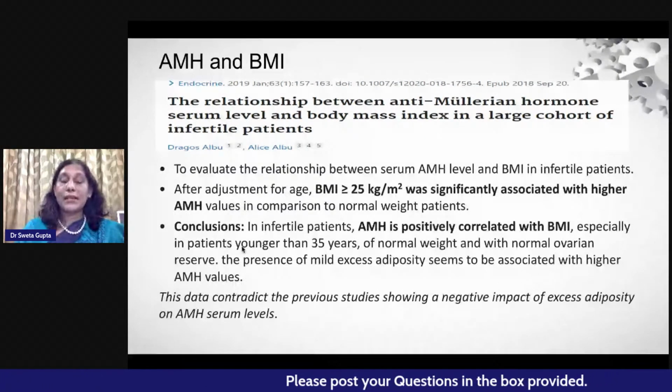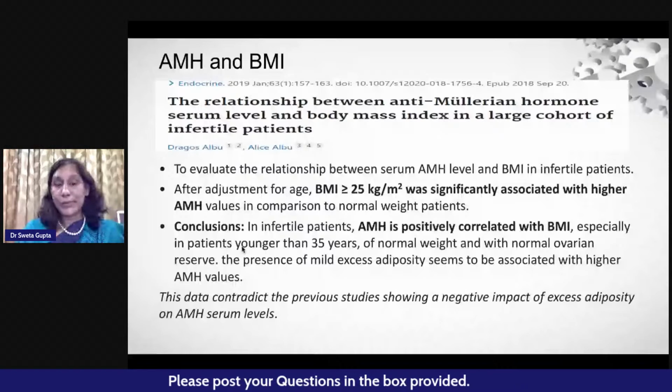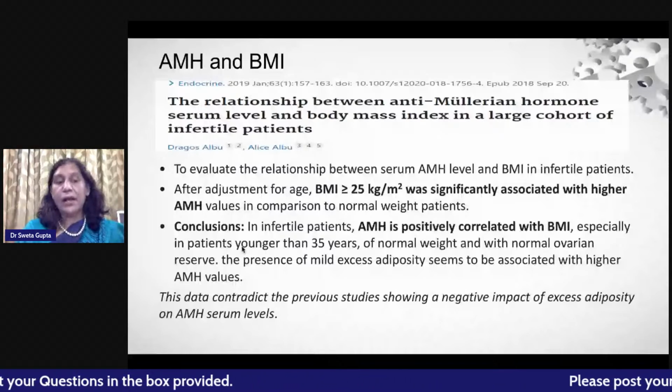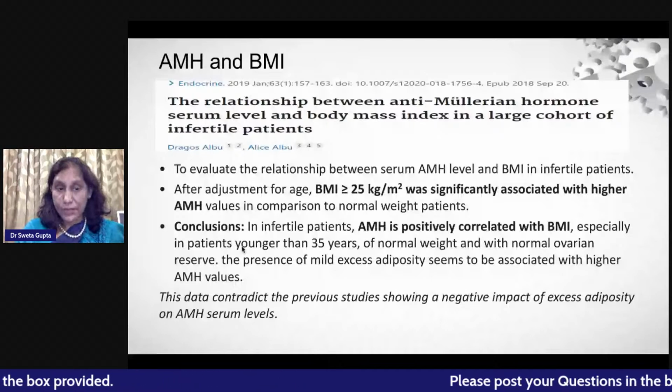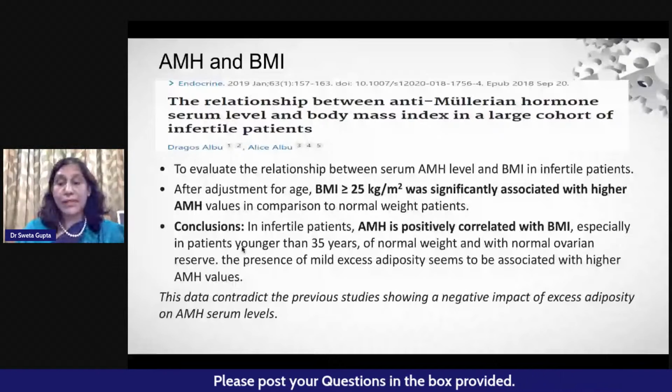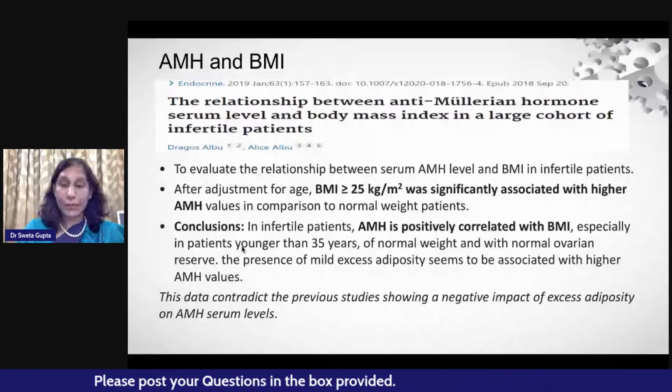So AMH in their study was positively correlated with BMI, especially in younger patients less than 35 years old. So this data contradicts the previous study showing a negative impact of excess adiposity on AMH serum levels.